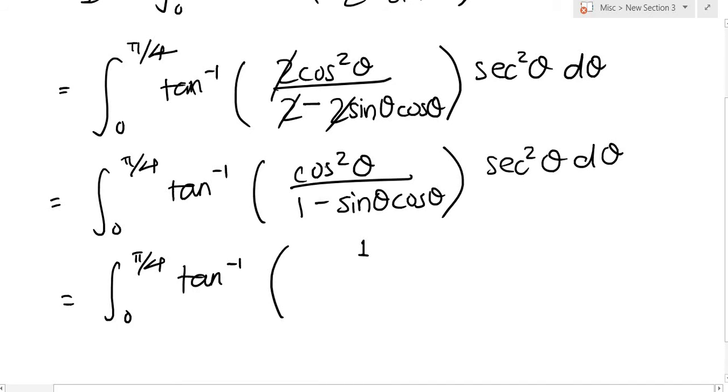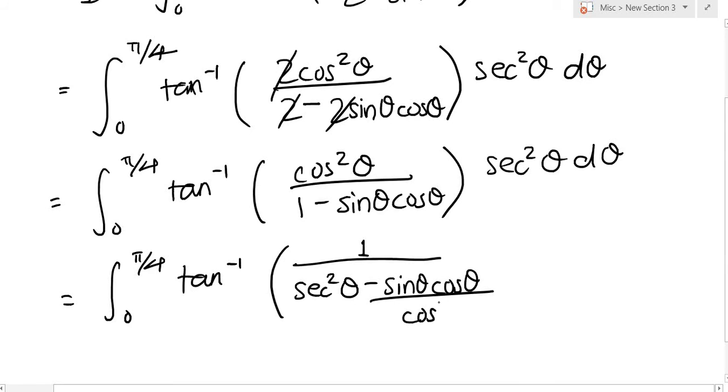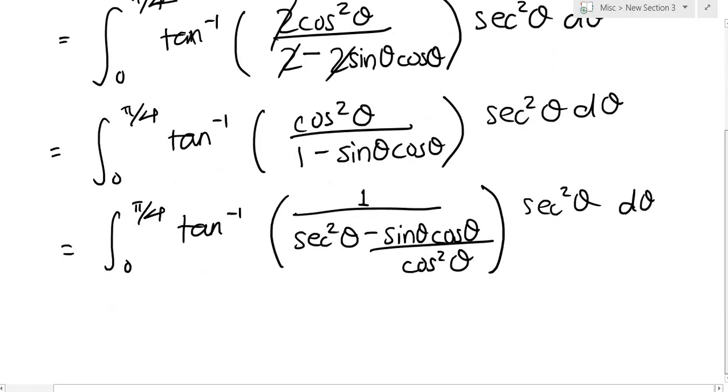So if I divide the numerator by cosine squared theta, I'll just have a 1, and then 1 over cosine squared theta is a secant squared theta, and then I have sine theta cosine theta divided by cosine squared theta, and the secant squared theta d theta as it is. Now the great part is one of these cosine thetas cancels, and what is sine theta over cosine theta?